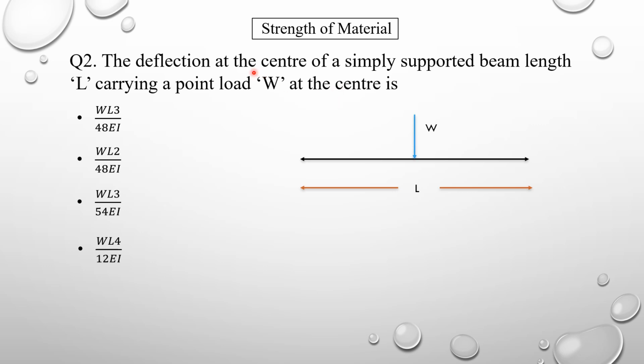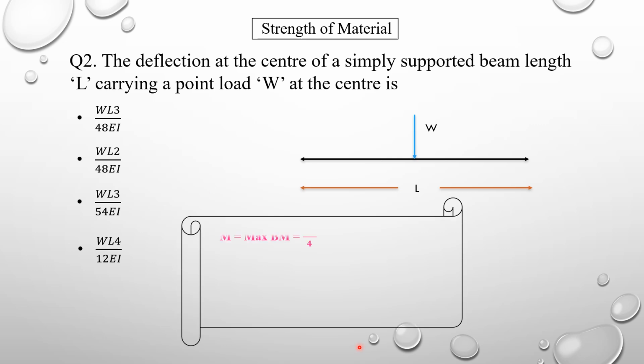Okay, to find the deflection of any beam, first we need the bending moment and slope related to that beam. Then the maximum bending moment for this simply supported beam with length L and point load W at its center is WL by 4.